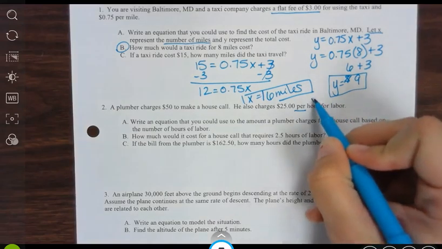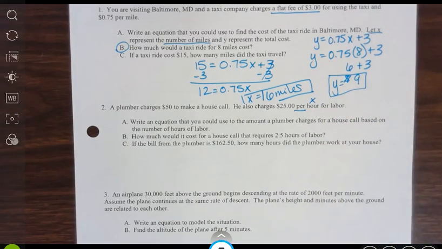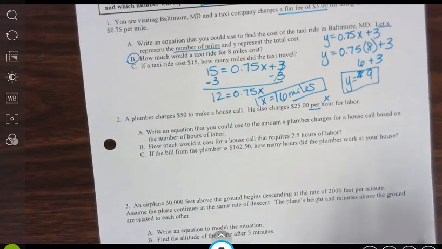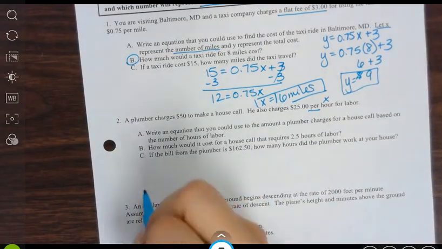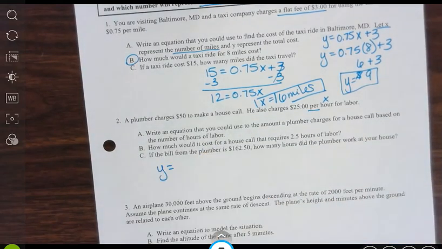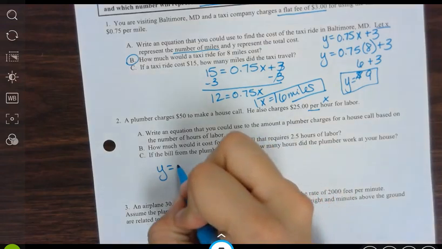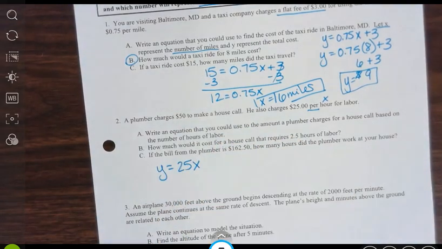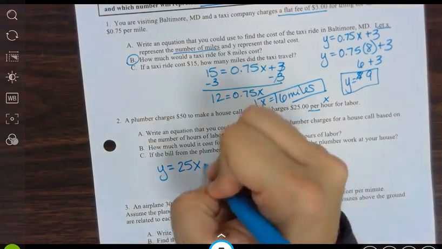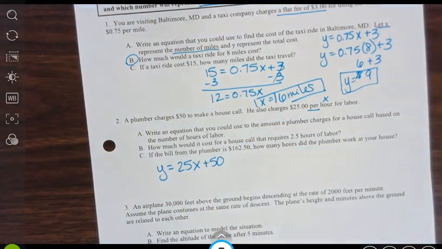So I don't know how many hours he works, so that's going to be our x. So when we write our equation, part A says write your equation. So y is equal to $25 per hour plus the $50 that it cost me just to have him come to my house.